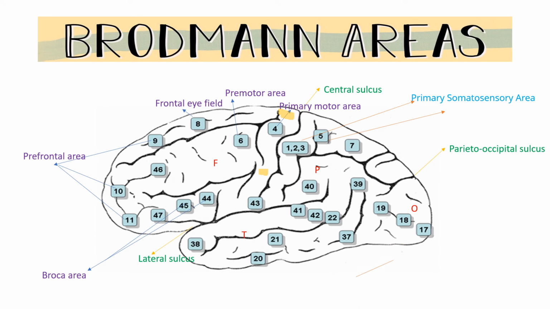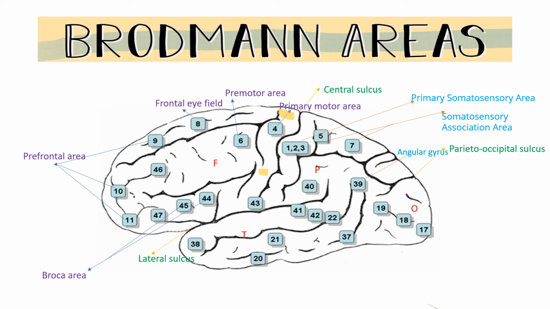Area number 5 and area number 7 is the secondary somatosensory area. This area is responsible for the perception of shape, size, and texture. Next is area number 39, angular gyrus.